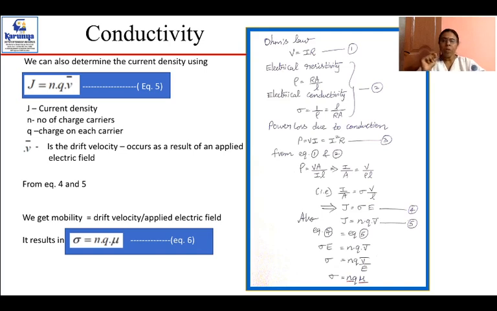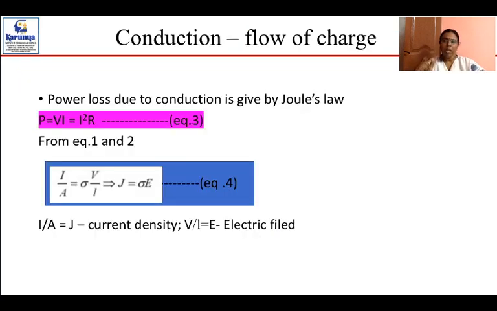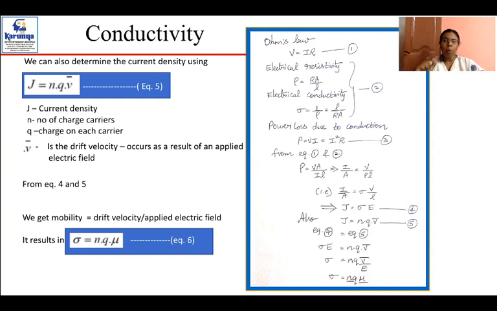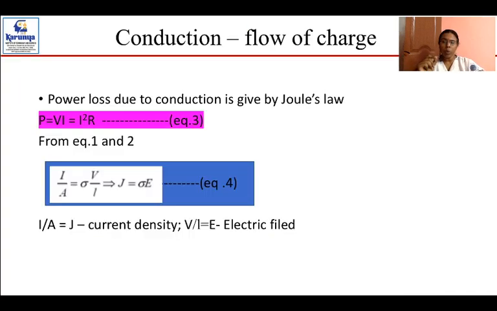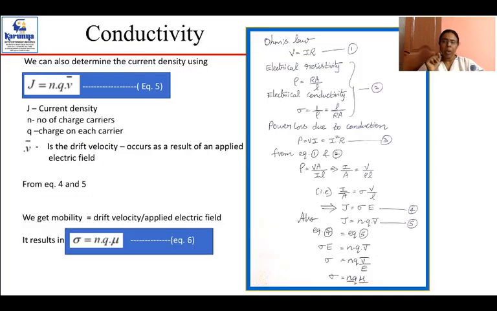From equation 4 and equation 5, both of these give the value of current density. So combining these two equations, that is 4, J equals sigma E, and equation 5, J equals NQ multiplied by the drift velocity, we can get the mobility.